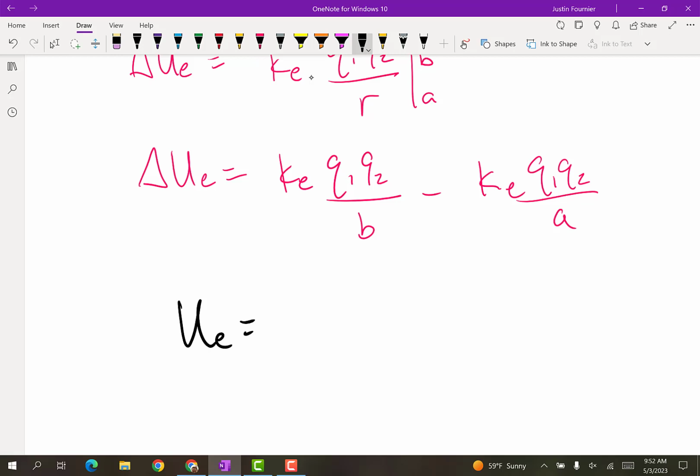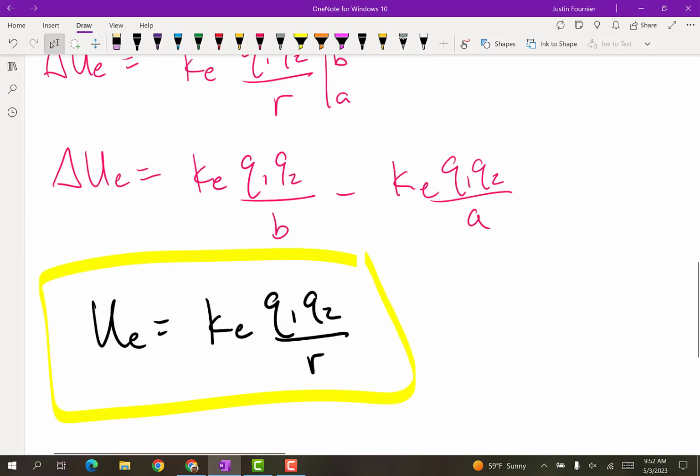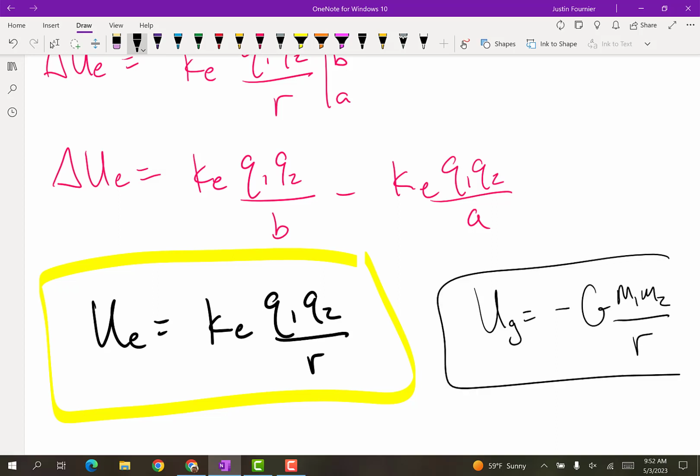I'm just going to say right now that the potential energy equation we have is essentially this. This establishes our potential energy, and as you can see, it's very similar to the gravitational potential energy. The only difference is that gravitational potential energy is negative, negative big G M1 M2 over R, which we derived in class back in AP Physics C.